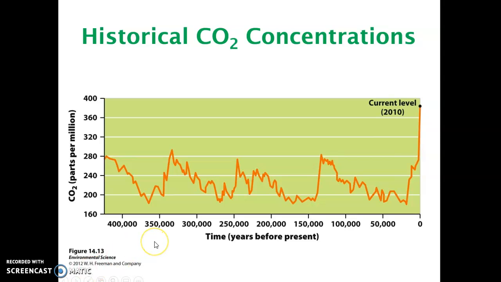Now, this graph again shows that timeline all the way from current time, which in this case was 2010, looking backward over the past 400,000 years at the CO2 in parts per million. And you can see that there are peaks and valleys. But what has happened in recent times?